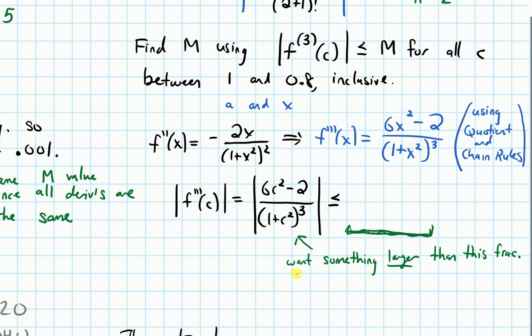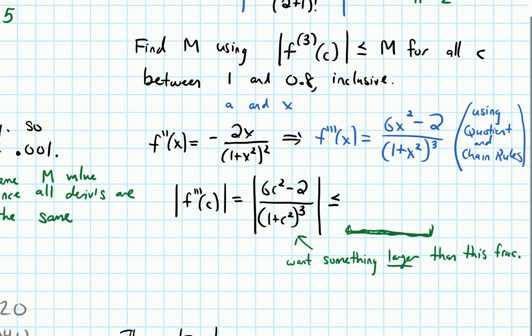And that way we avoid having to do things like find the critical numbers, and then plug the critical numbers into this and plug the endpoints 0.8 and 1 into this. That's from Calculus AB or Math 11, how we find the greatest value of a function on an interval. We get to avoid having to do that, which would be nice.